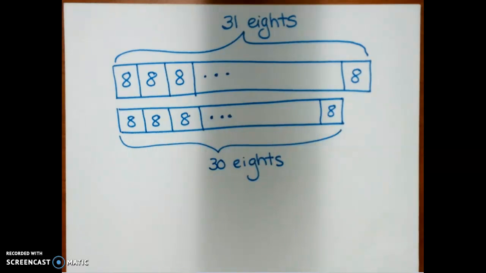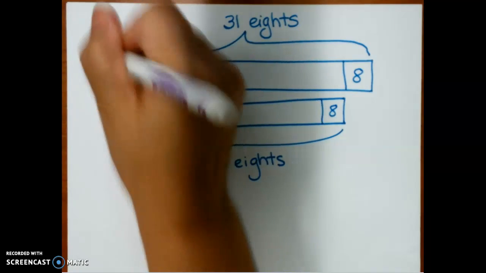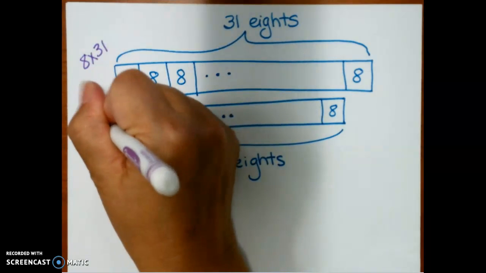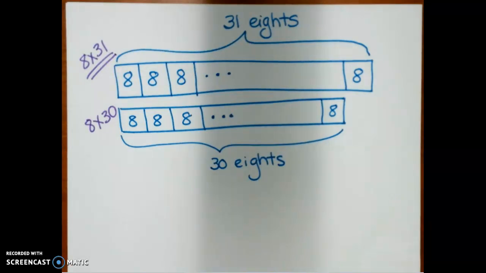So I've got 31 times 8, and I've got 30 times 8. Now, you're probably saying, Miss Walker, why do I have 30 times 8 if this is the problem I want to solve? Well, I know that one more 8 compared to 30 eighths would be 31 eighths. 31 eighths is one more than 30.